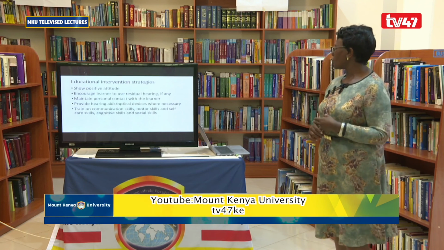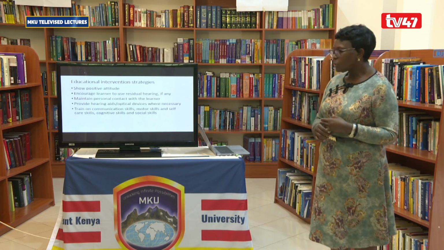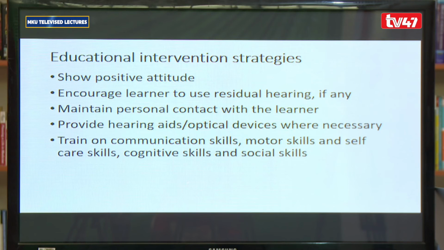Now, educational intervention strategies for those learners with deaf blindness: show positive attitude, and encourage them to use residual hearing if there is any. They could be having a hearing impairment, but they are not completely deaf. So if they have some little hearing, encourage them to use that little hearing that they have.